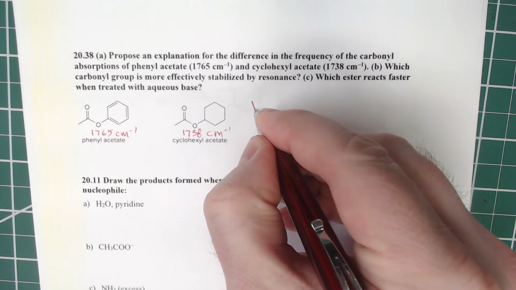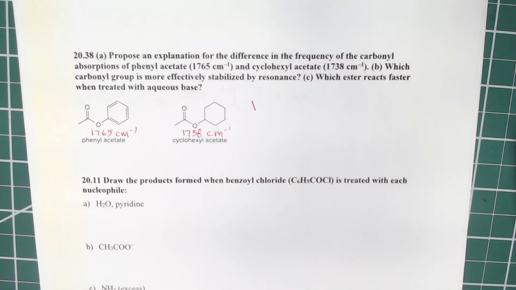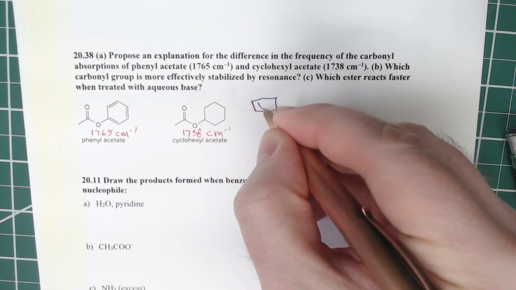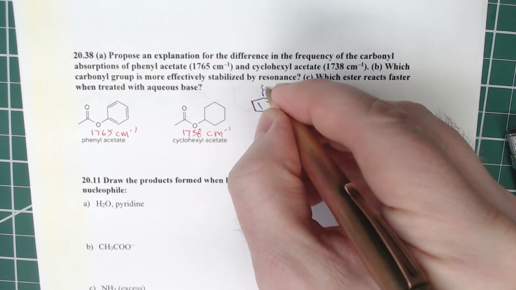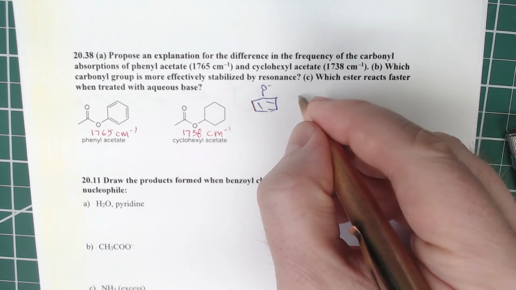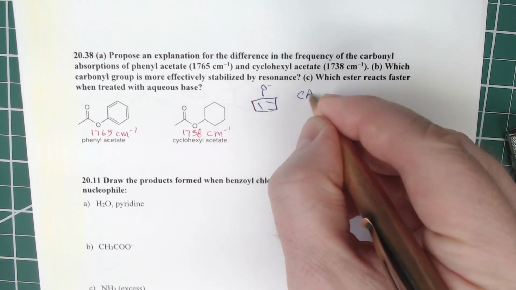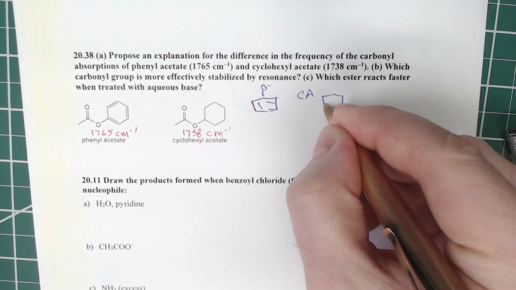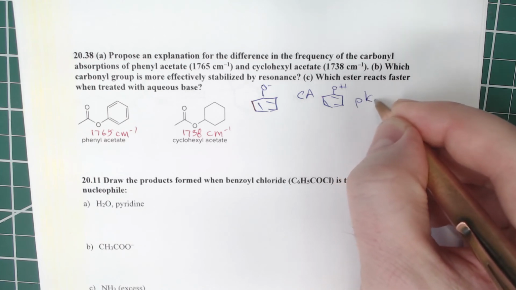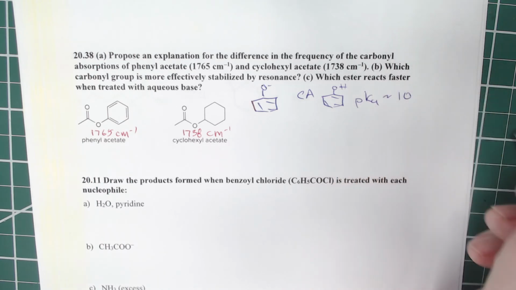If we look and we compare, go ahead and write this in regular color here. All right, so O minus, which is the phenoxide ion, its conjugate acid is phenol. And phenol has a pKa of approximately 10.